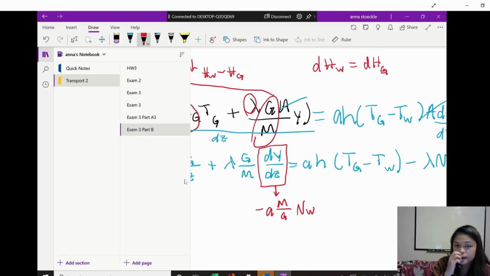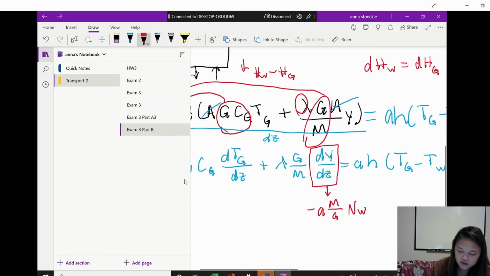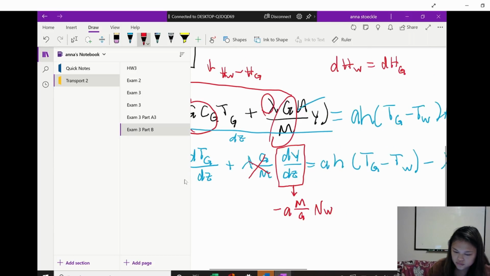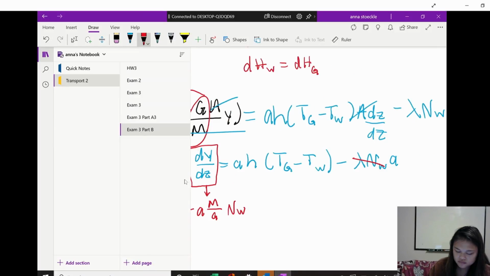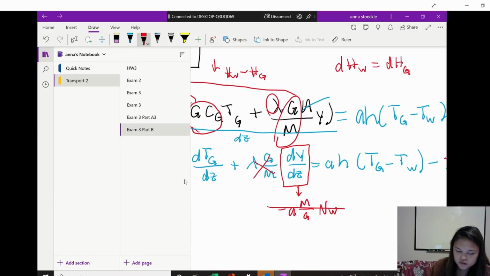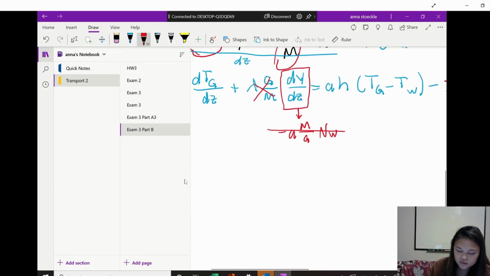And this is good because now this will cancel out some other variables. So it will get rid of these and this, and it will also get rid of these over here. So these will all cancel out. So now we are left with a final, let's just change the color.